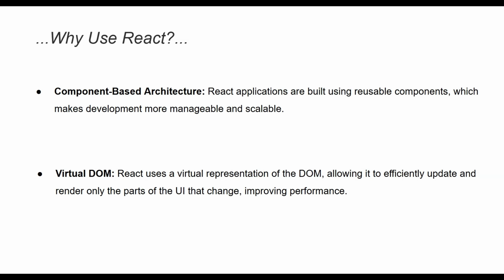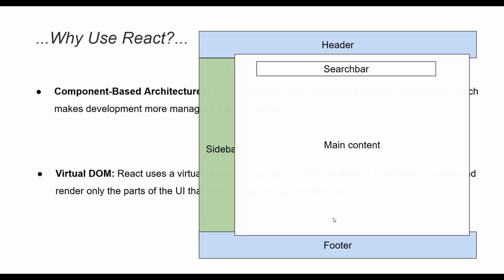In a situation whereby the whole page reloads every time, it slows down the performance of the website. But React has the ability to reload only the part of the UI that is updated. It's not going to load the whole of the UI, right? By so doing, it improves the performance of the page.